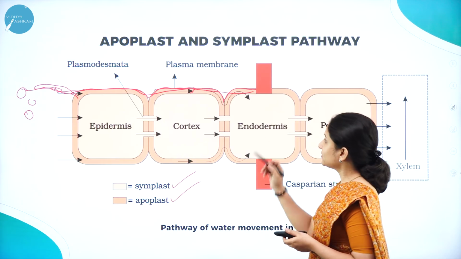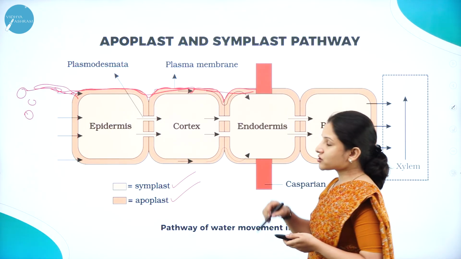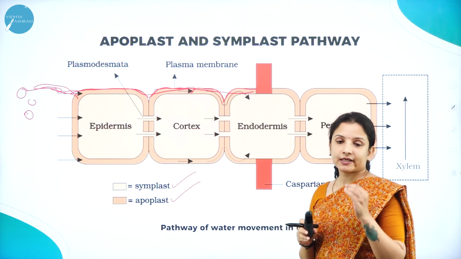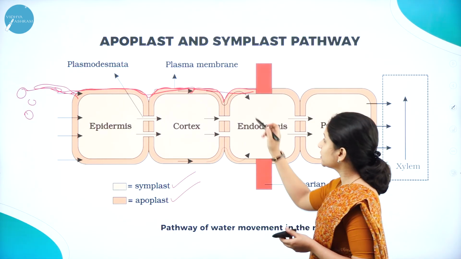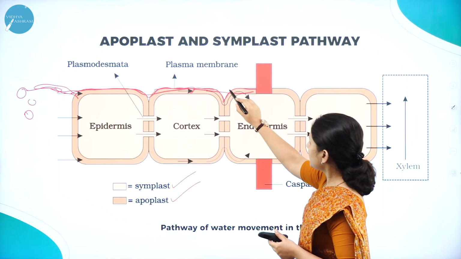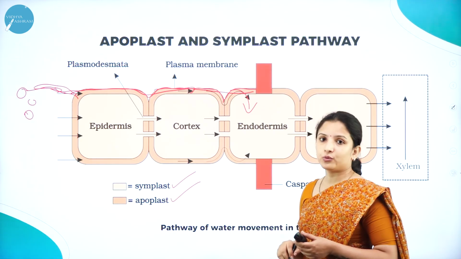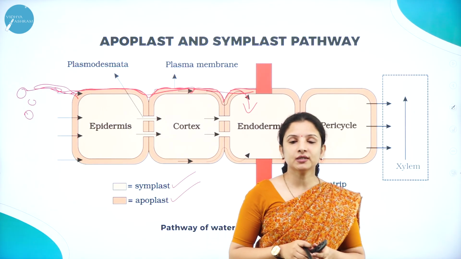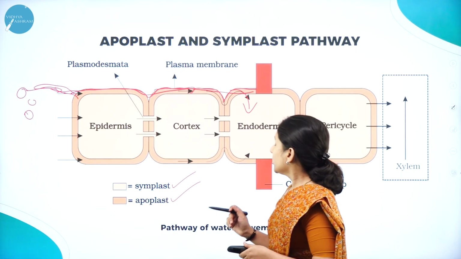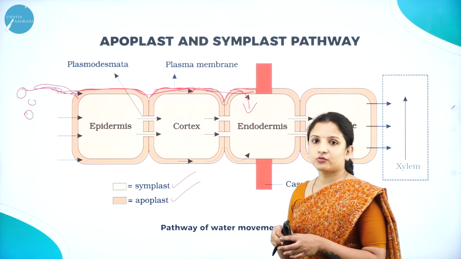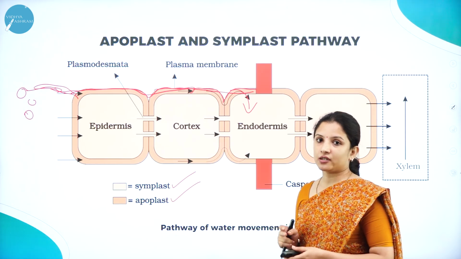So once they reach the Casparian strip, a lot of tension gets created in the water molecules, and the water molecules that were moving through the cell wall will directly enter into the cytoplasm. Then it has to move to the pericycle and then to the xylem element, right? Because of this reason, the Apoplast pathway is not that efficient.